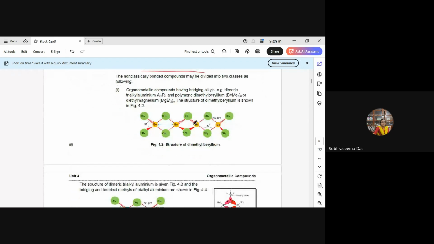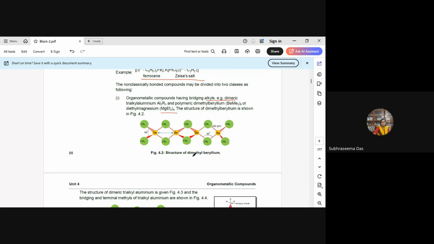First are the organometallic compounds that have bridging alkyls, like dimeric trialkyl aluminum, Al2R6, or polymeric dimethyl beryllium, (BeMe2)n. Even we can say diethyl magnesium. These are all polymeric structures.